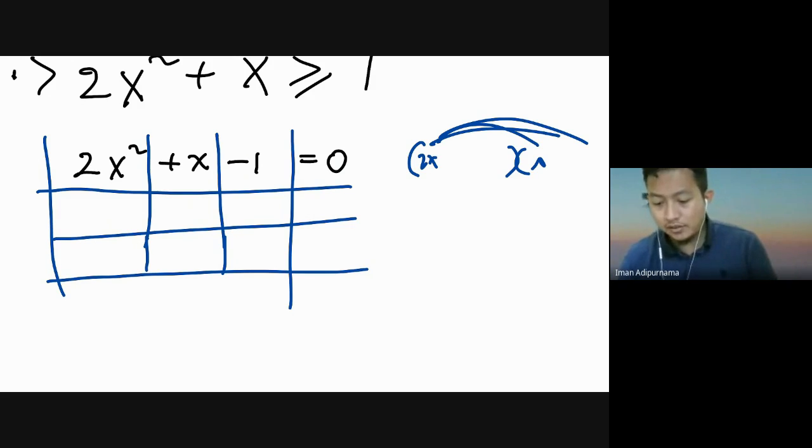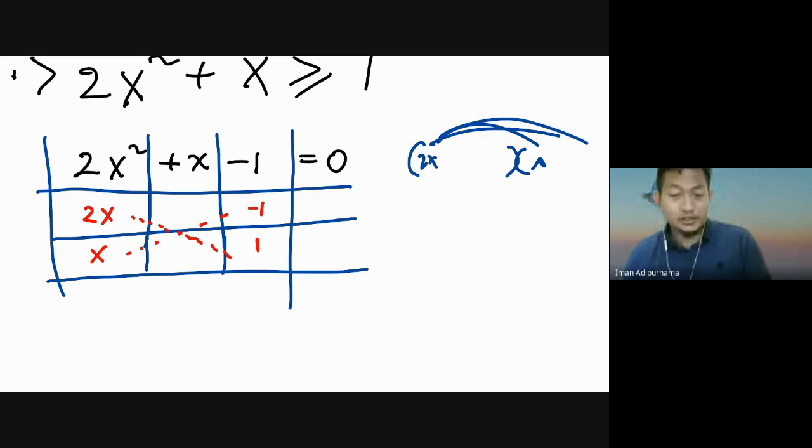So first, 2x, it can be factorized, maybe 2x multiplied by x, it becomes 2x squared. And negative 1, it's around 1 or negative 1, or the other way around. Let's try. Multiply this, negative 2 plus x, it should be negative, right? So we can switch these options.